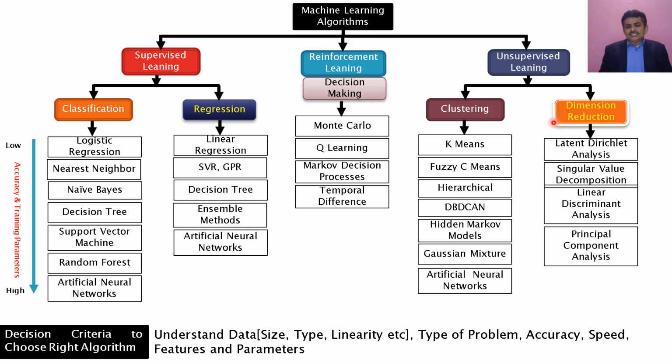The next in unsupervised learning is dimension reduction. The first technique is latent Dirichlet analysis, also known as LDA, then singular value decomposition, linear discriminant analysis, and principal component analysis, and there are plenty of other methods here.